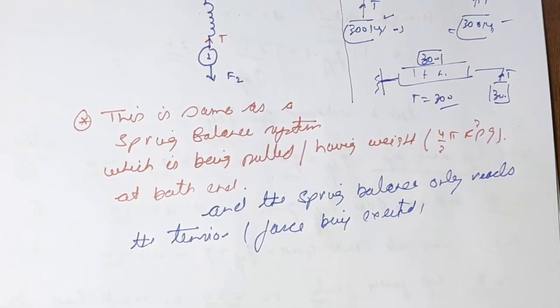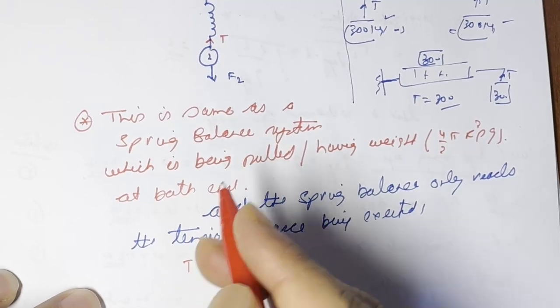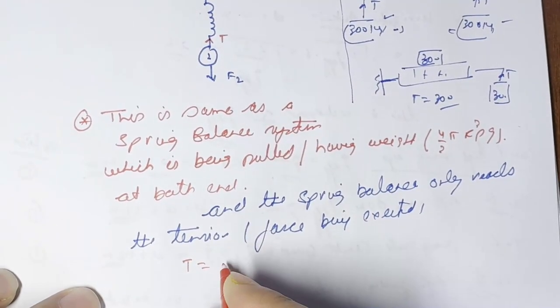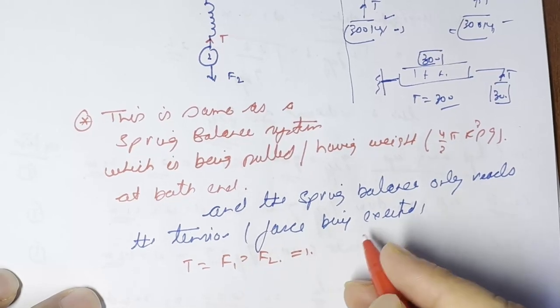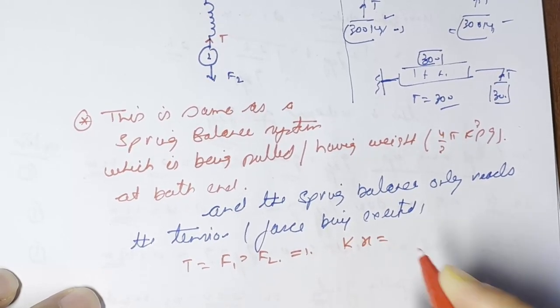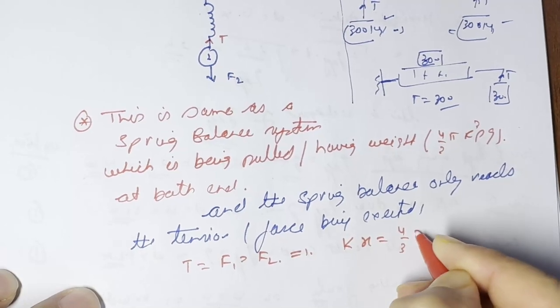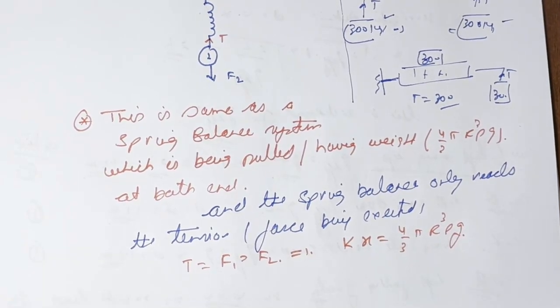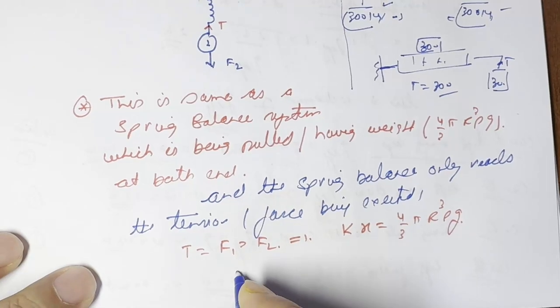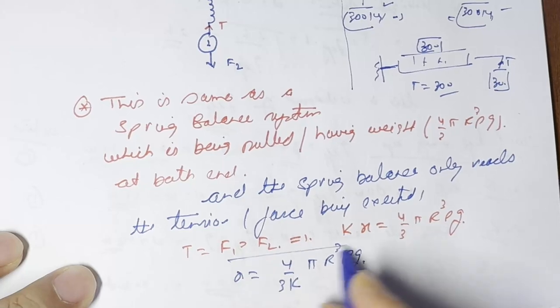So in equilibrium, we can easily say that our tension T will be equal to the value of either of the forces, F1 or F2. From here we can write that this will equal to Kx, where x is the extension in the spring, so this will be 4/3 pi r cube rho multiplied by g.